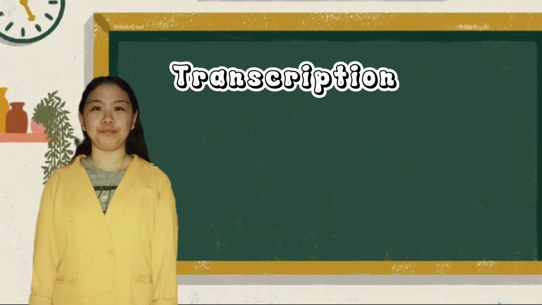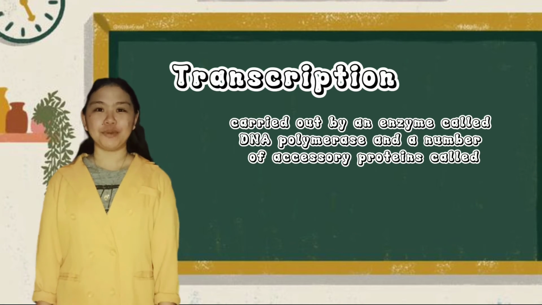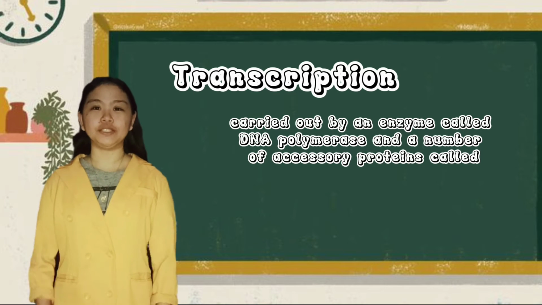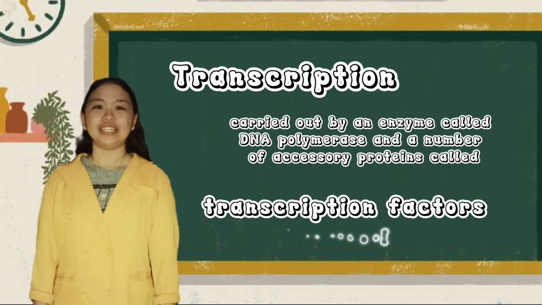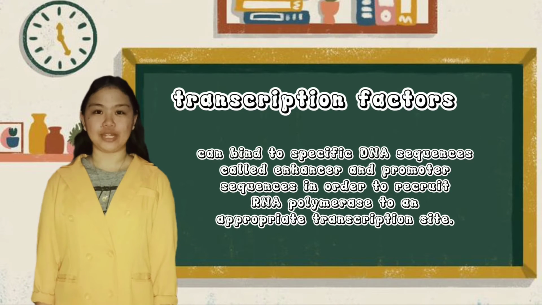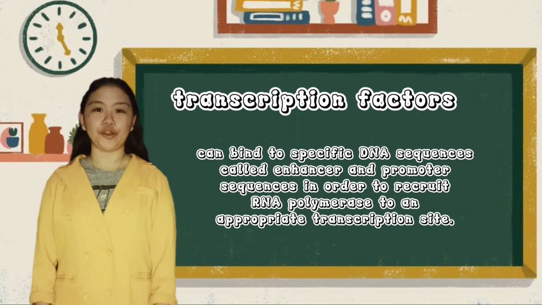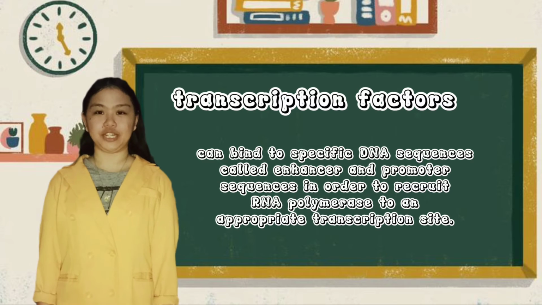Transcription is carried out by an enzyme called RNA polymerase and a number of accessory proteins called transcription factors. Transcription factors can bind to specific DNA sequences called enhancer and promoter sequences in order to recruit RNA polymerase to an appropriate transcription site.